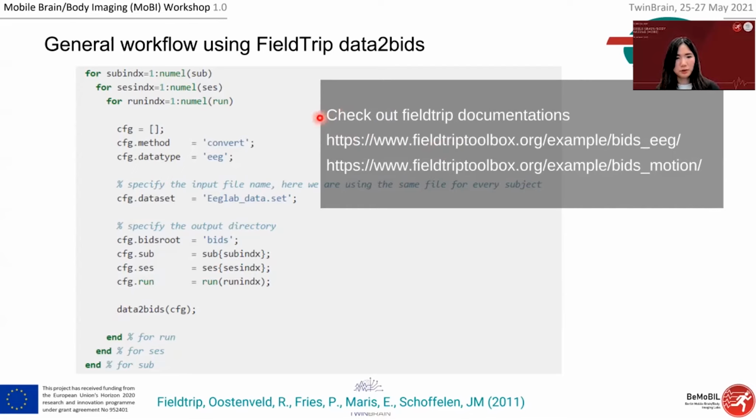And speaking of FieldTrip, I really like the scripts, this function called data2bids.m. This one accepts multimodal data, and it's pretty well documented. So if you're interested, you can check out these documentations.